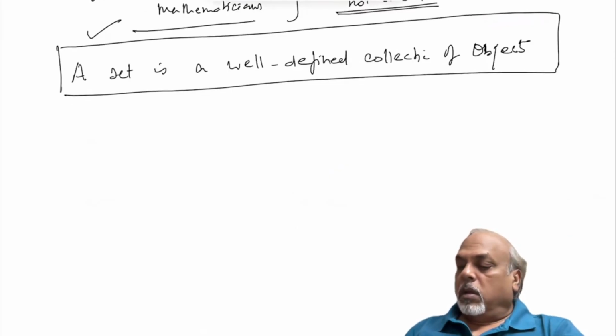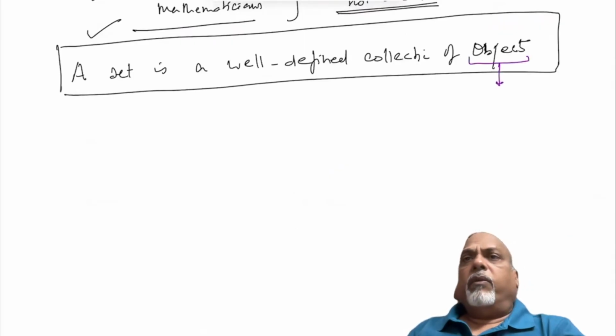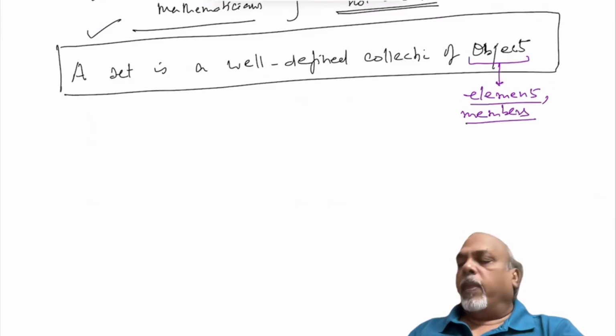Now, in place of objects, we can write elements or members. These are depending on the set. We can use these terms. Correct?